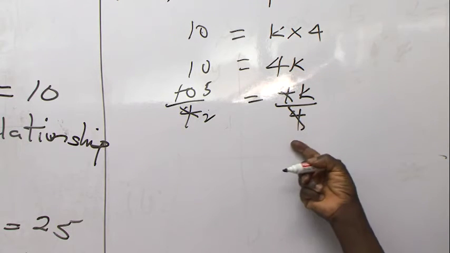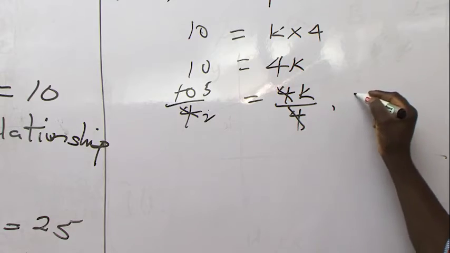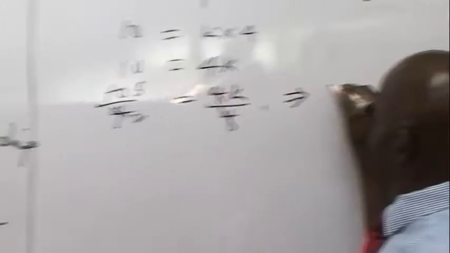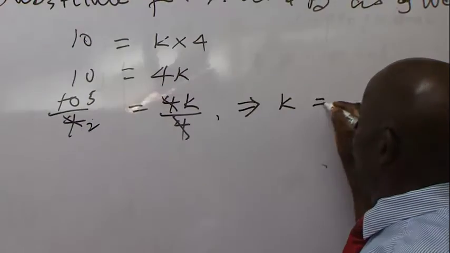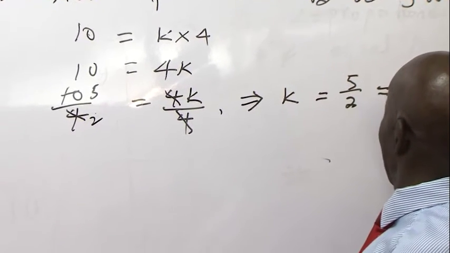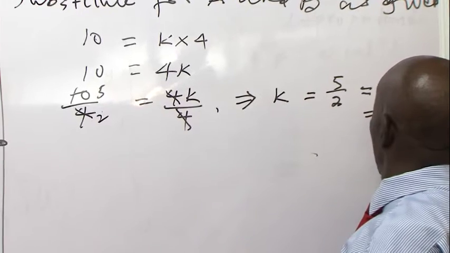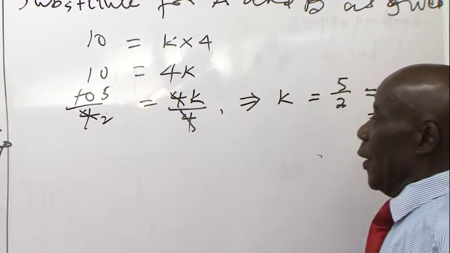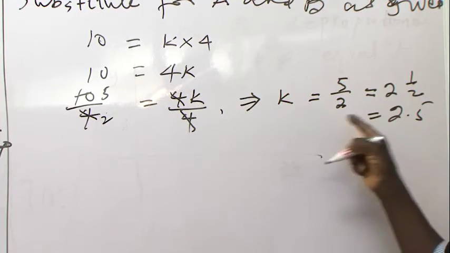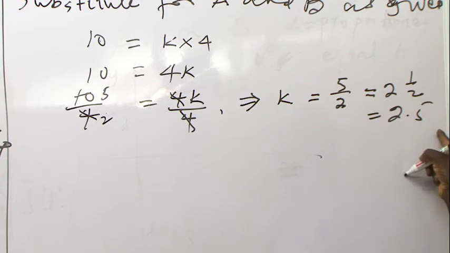You don't continue from here. You say this means K equals 5 over 2, which is the same thing as 2.5. Please, for God's sake, this is the value of K, 5/2 or 2.5.